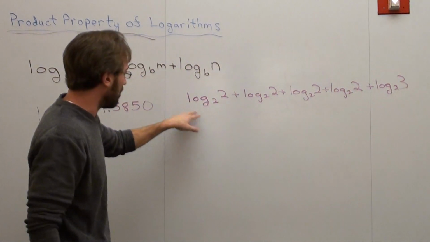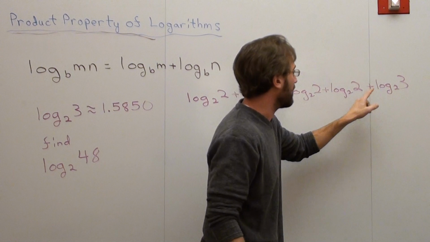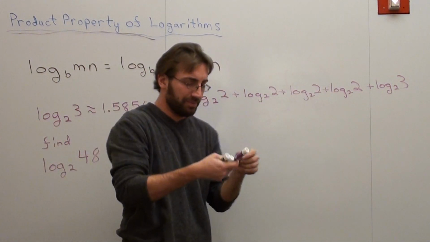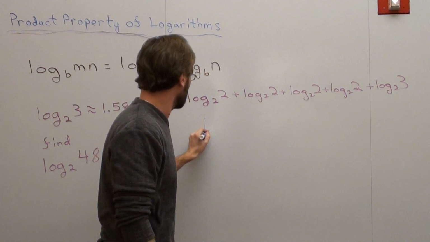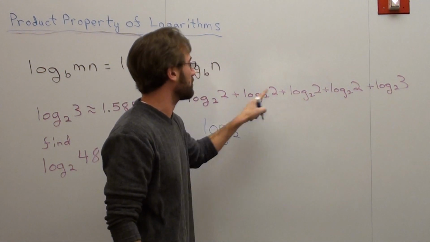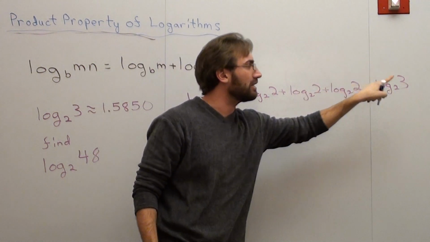If your bases are all the same and you're adding them, you can condense it into one logarithm and just multiply all the numbers. 2 times 2 is 4, 8, 16, 48.